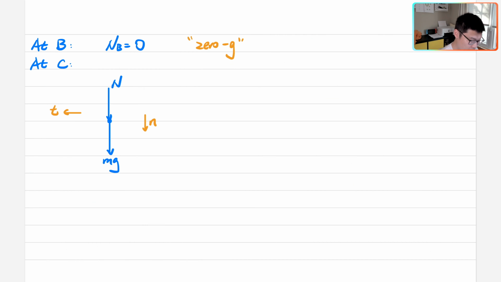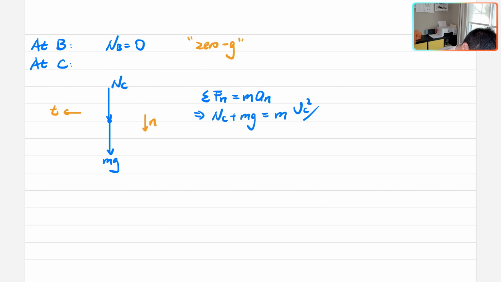And then at point C, we'll do the sum of Fn equals m an. You calculated the velocity at point C, given the 18.29 meters, the minimum height we calculated using vb minimum. We have Nc plus mg equals m vc squared over rho c.